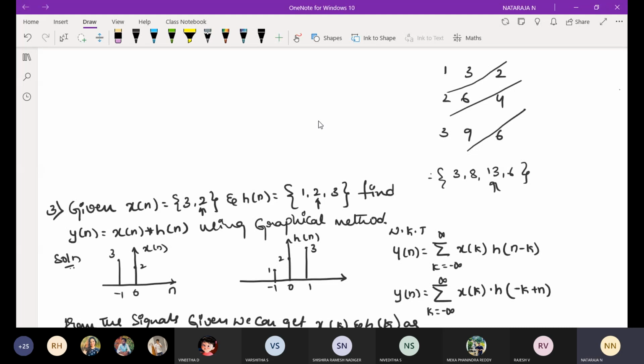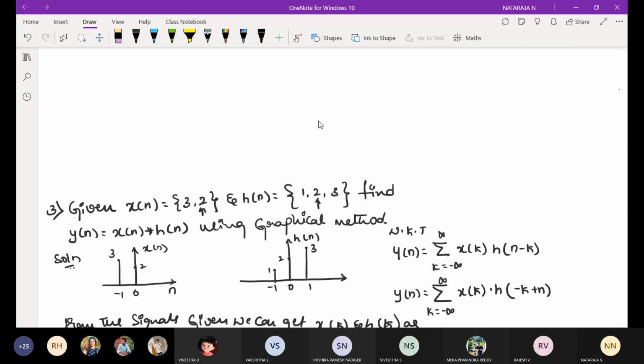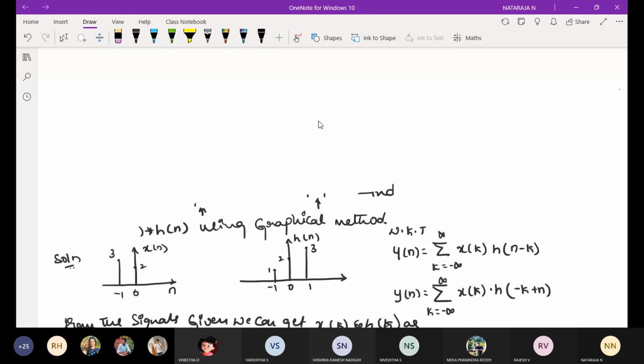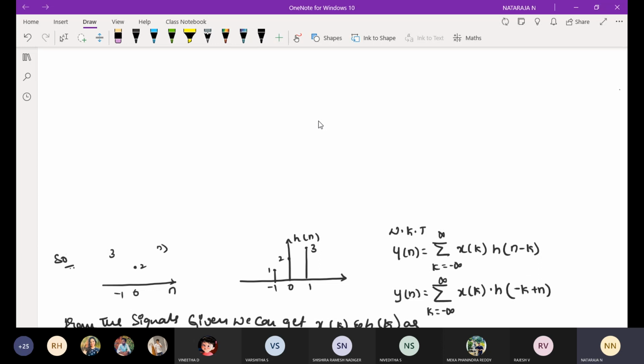Anybody got 100 out of 100 in power electronics? 95? 90? 85? Oh, marks is for 60, right?